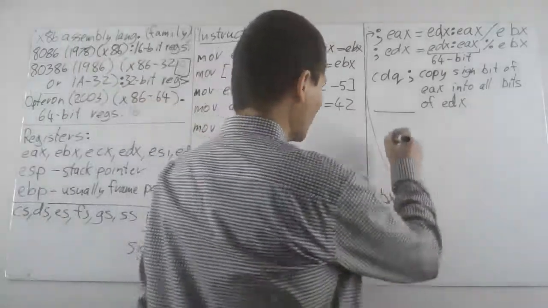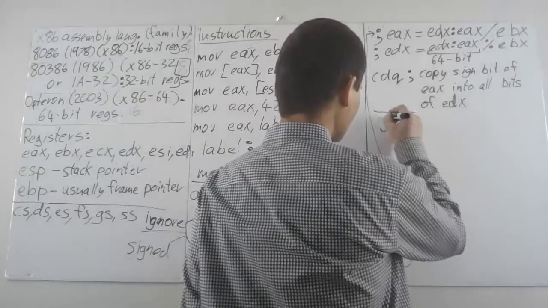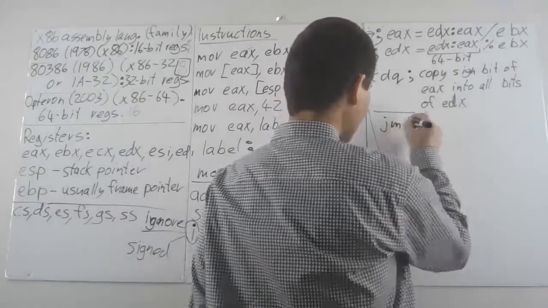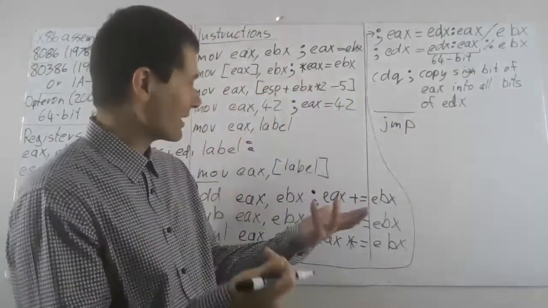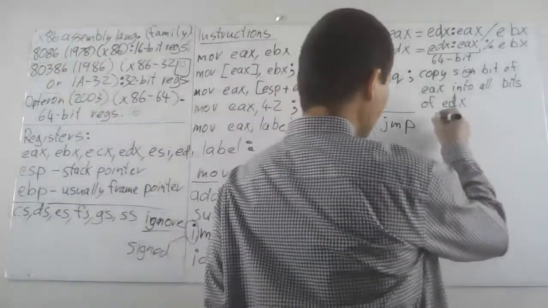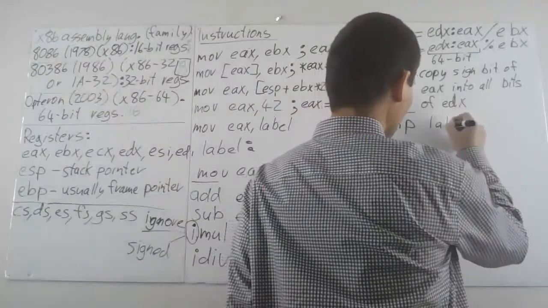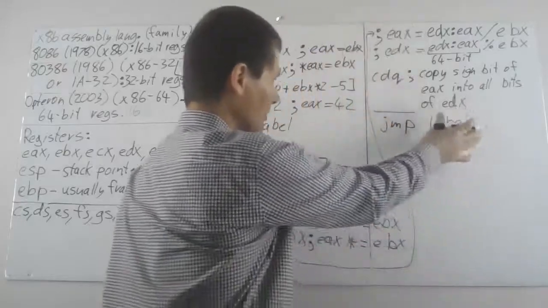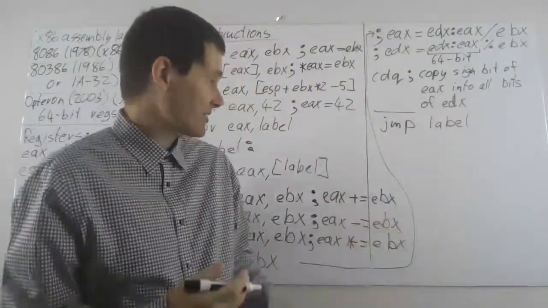In terms of branches, there's a jump instruction, JMP, and it takes an address. Typically, you would use a label. You wouldn't hard code a number as the address, although I suppose you could.